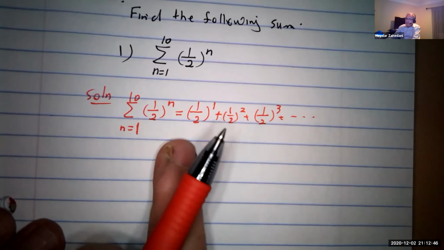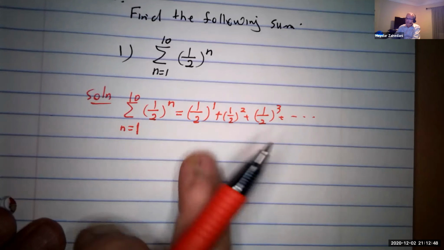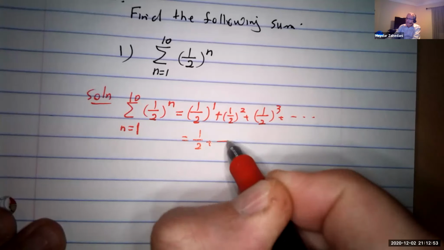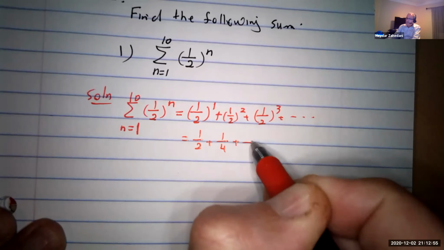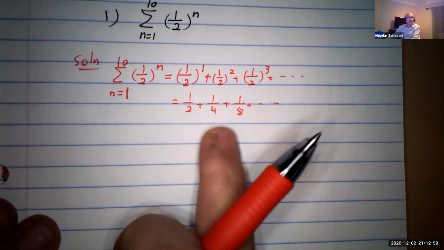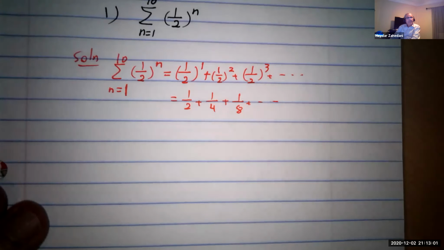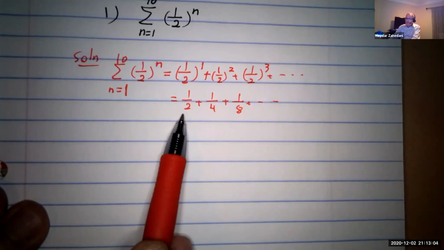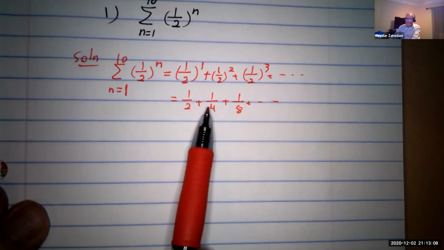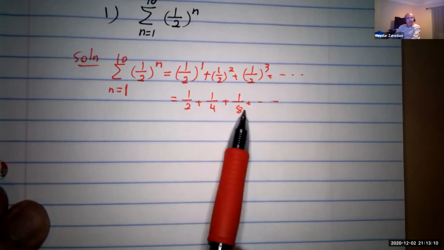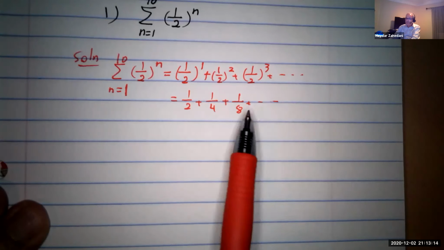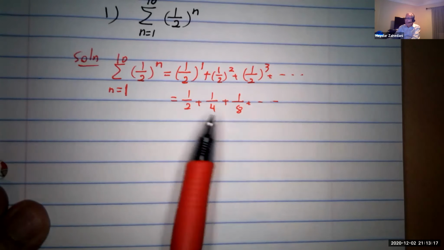So if you think about it, this is a 1/2, this is a quarter, and this is 1/8. So as you can see, this is a geometric sum. First term is 1/2. The common ratio is 1/2 because it's 1/2, 1/2 times 1/2 is a quarter, times 1/2 again, or just divide the second one by the first one.